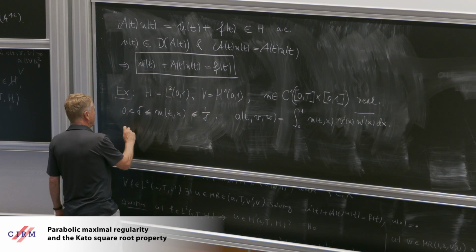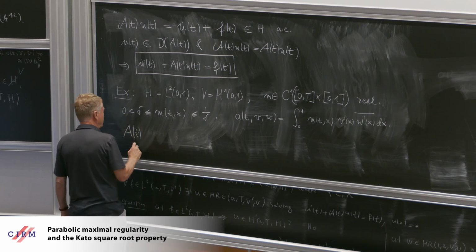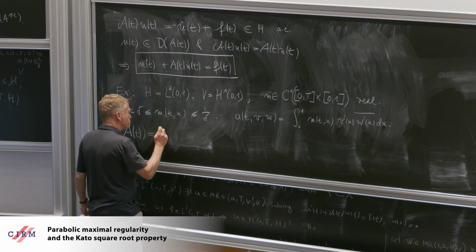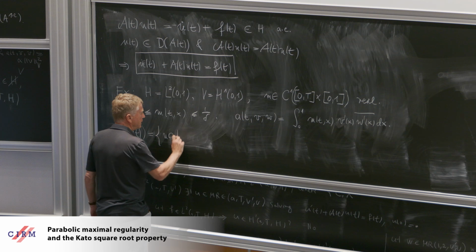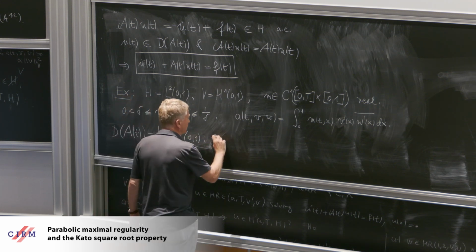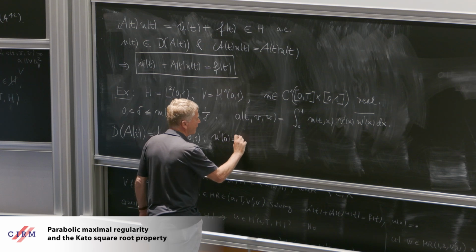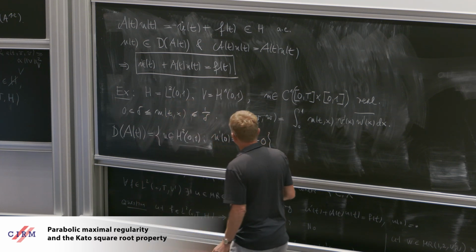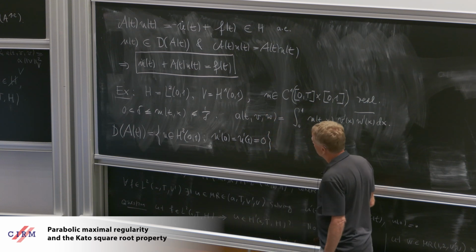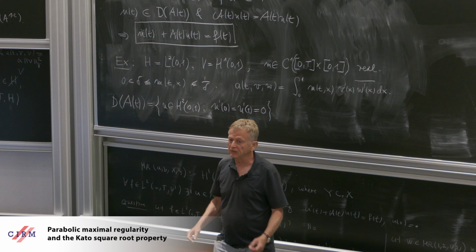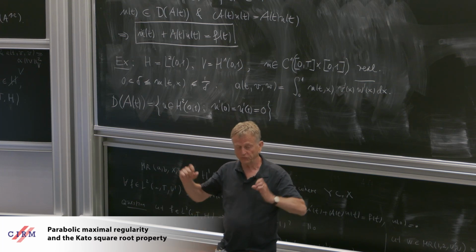And then we have seen the operator A(t), this normal A(t), has domain the functions, say, u in H2 of (0,1) such that the normal derivative is equal to 0. So H2 consists of functions in C1 on the closed interval.